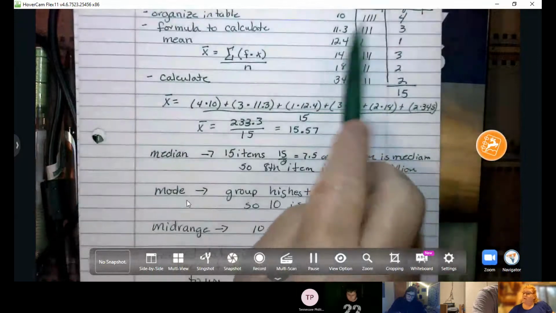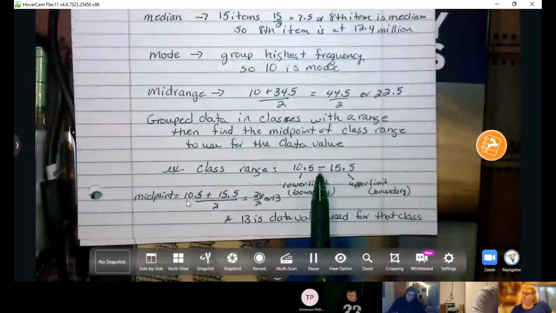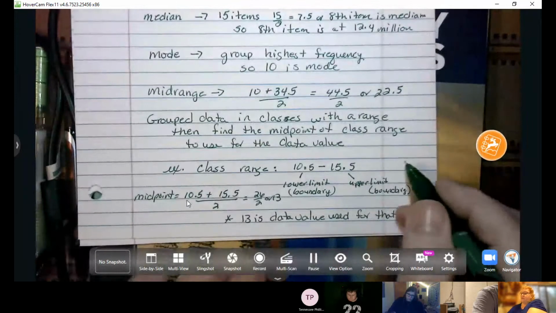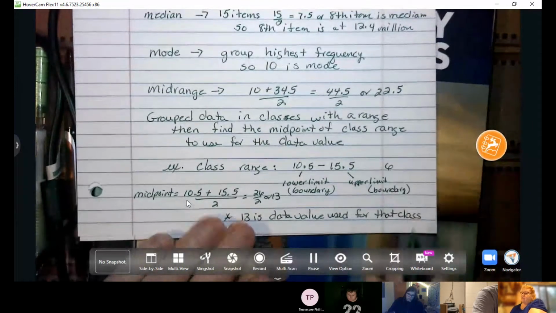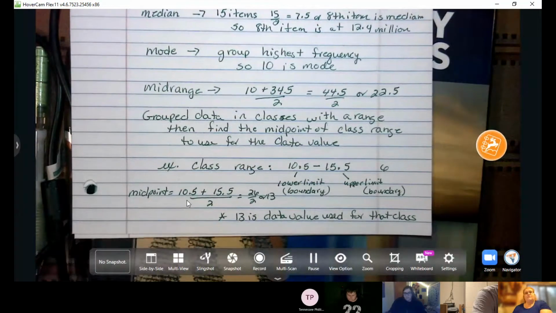So, for example, up here, when we were multiplying 10 times 4, and this particular class, if it had a frequency of 6, we would use 6 times 13, the midpoint of that range, in order to help us find the mean of that data.